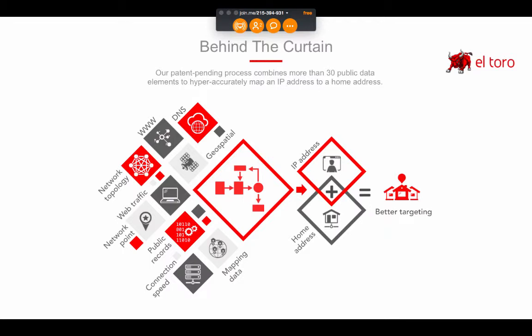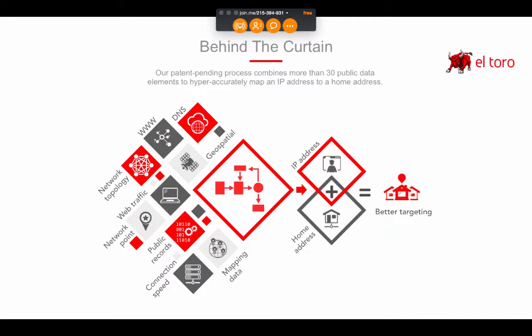So all of these companies that are selling you online display and selling you geo-targeting are going based off the hosting address of where that IP is located. So with that campaign, you're going to have a lot of wasted impressions because the IP addresses are not actually in the geographic area that the advertiser is trying to target. So there's going to be a lot of waste with that.